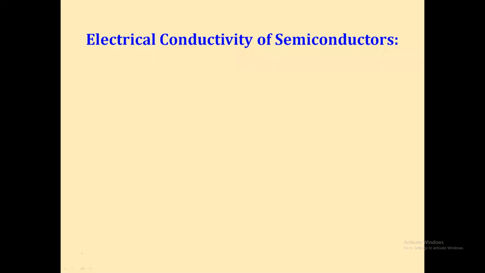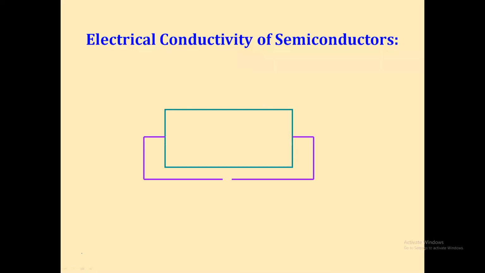For that, let me consider one semiconductor piece. To conduct current in the semiconductor material, it is necessary to connect this material to an external supply, an external battery, an external energy source. So let's connect the two ends of this semiconductor to the external battery.